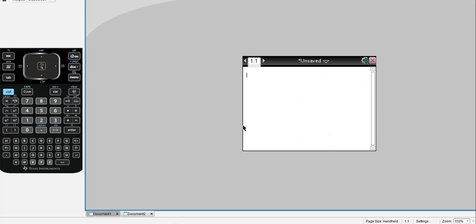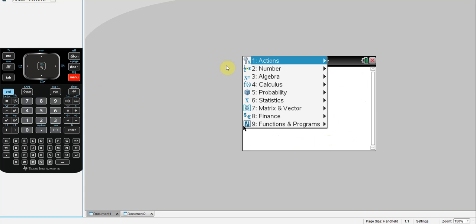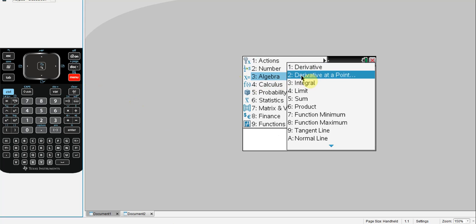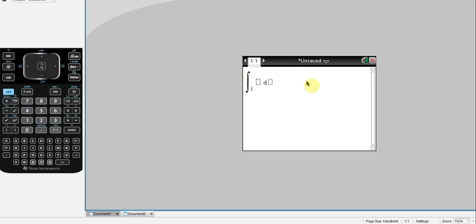Alright, so grab up our CAS calculator, going into menu, we're doing calculus here, doing the integral. We did it from lower bound of 1, upper bound of 2, and we did 2 times x to the power of minus 2 plus 3x to the power of a half, in terms of x.